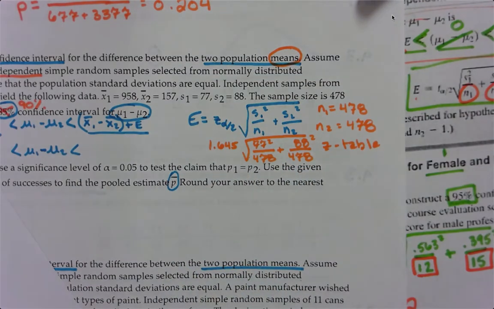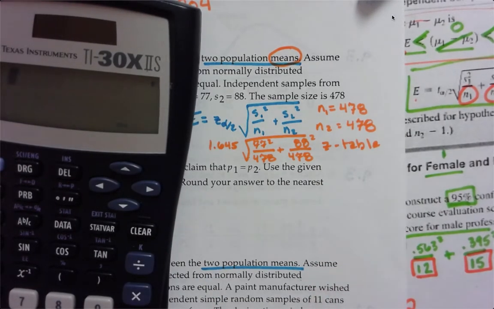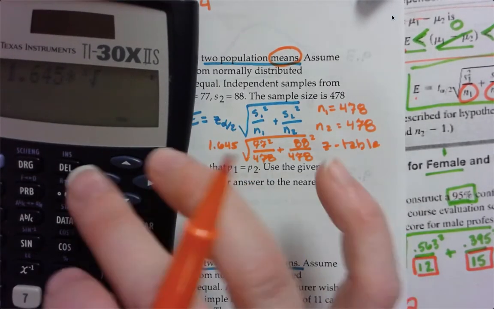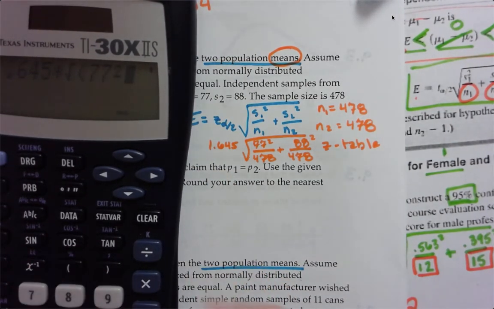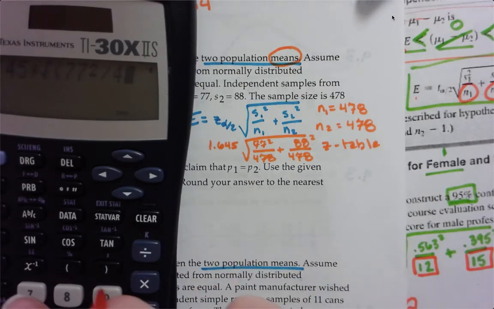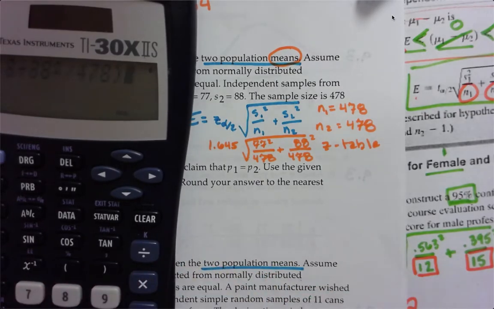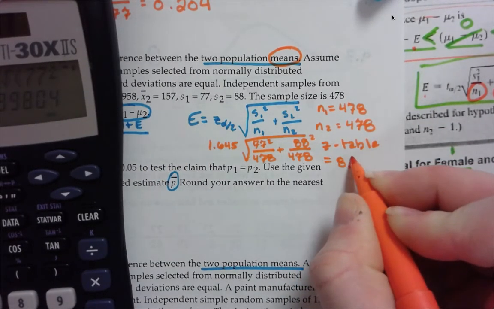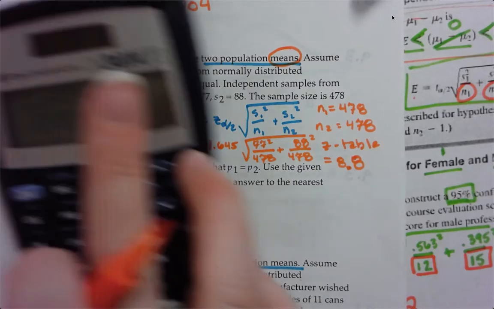So lots of data calculation, but I'm giving you a couple days to do this, so don't be scared. 1.645 times the square root of 77 squared divided by 478 plus 88 squared divided by 478. And I got, for an error, 8.7, well, let's do 8.8. 8.79 or 8.8. We'll do that.